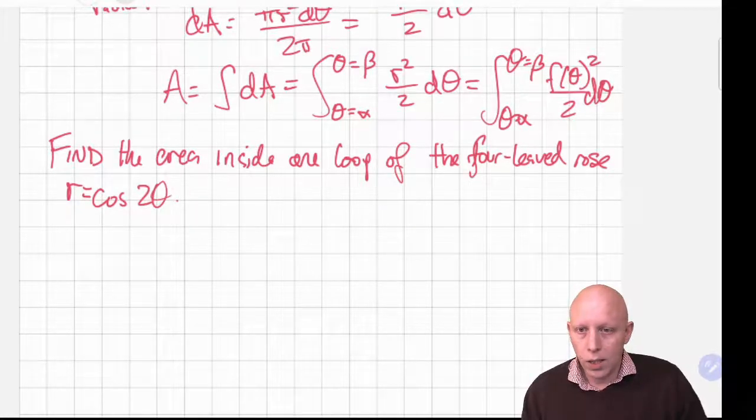So let's use Mathematica to draw this picture and really understand what's happening better.